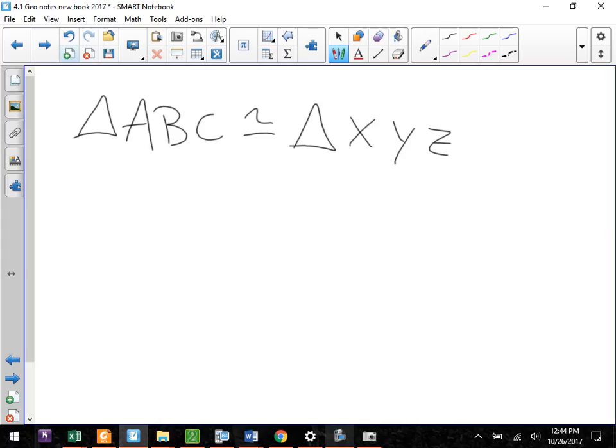If I just look at this for a quick example, angle E up there, how many different angles could angle E be? Three. Two small ones and the big one.